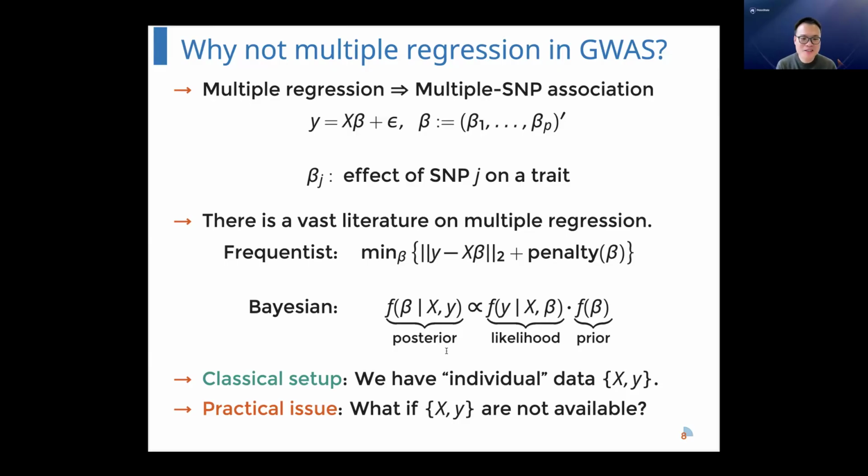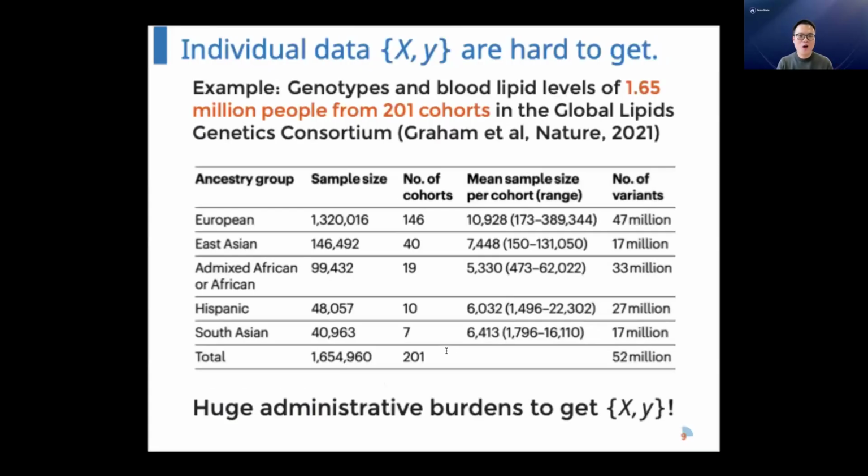The problem is that, especially in the field of GWAS these days, getting access to the individual level data is very difficult, nearly impossible. Here's one example illustrating the difficulty. Over the past few years, I have had the privilege of working with a large group of people called the Global Lipid Genetics Consortium.